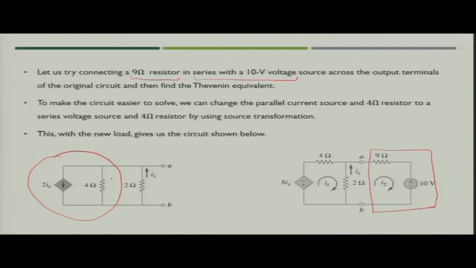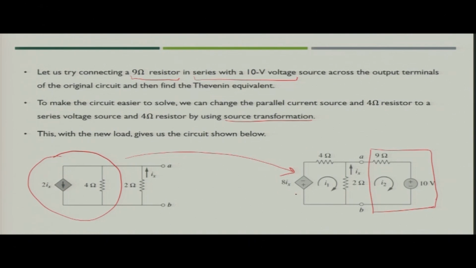You can apply source transformation and solve it by converting the combination of current source in parallel with 4 ohm resistance into a voltage source in series with 4 ohm resistance, that is the source transformation technique which we studied earlier.